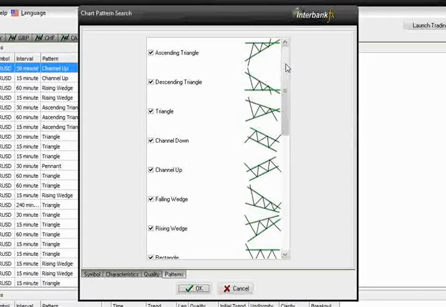Having a triangle does not automatically mean that that time frame of that pair is in consolidation or congestion. It just means that the triangle formed. It just means that the touch points were there to create an uptrend line and a downtrend line. Okay, that's all it means.